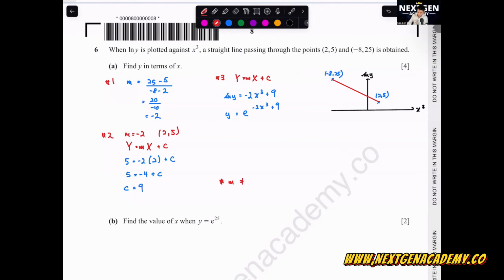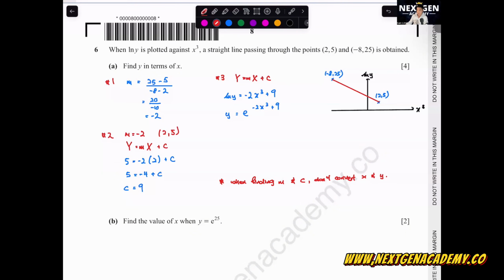When finding M and C, don't convert X and Y. Then last step, only you all convert it. Just want to keep reminding you, it's just step 1, step 2, step 3. Because I feel the other ways that you all do, you often get confused on when to put the ln y and the x cubed.